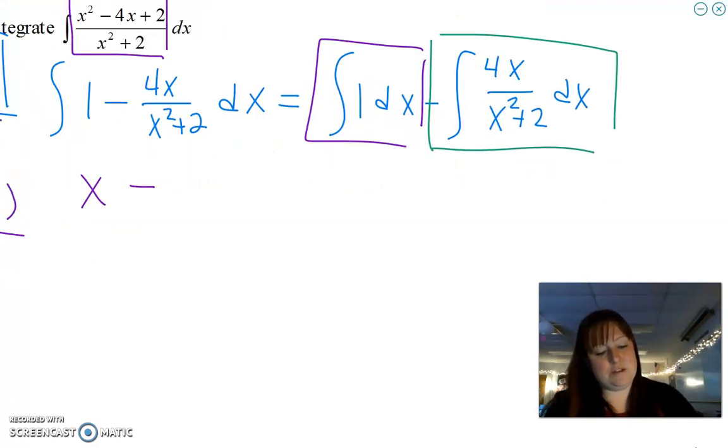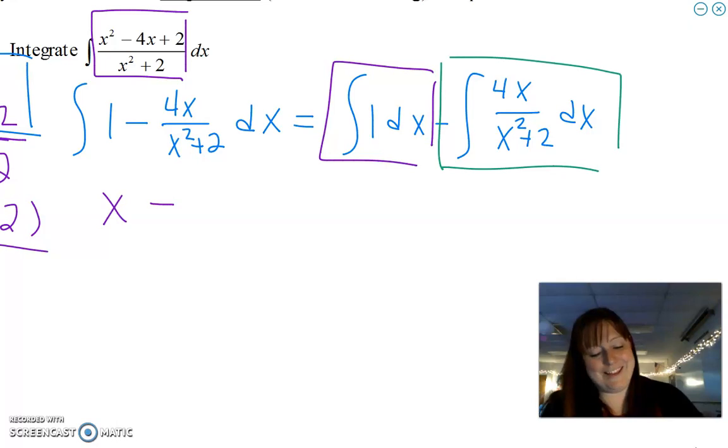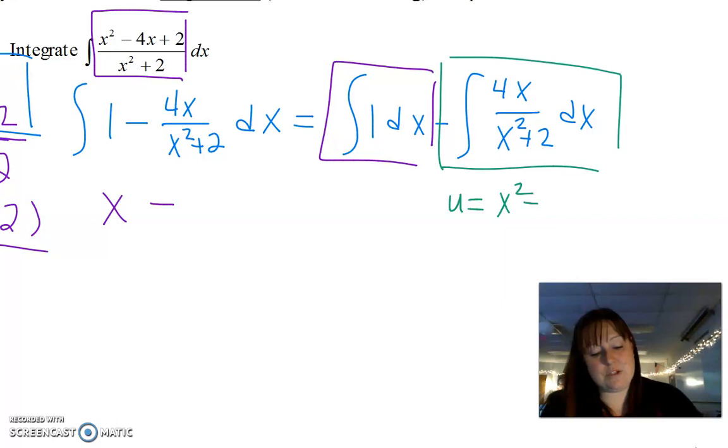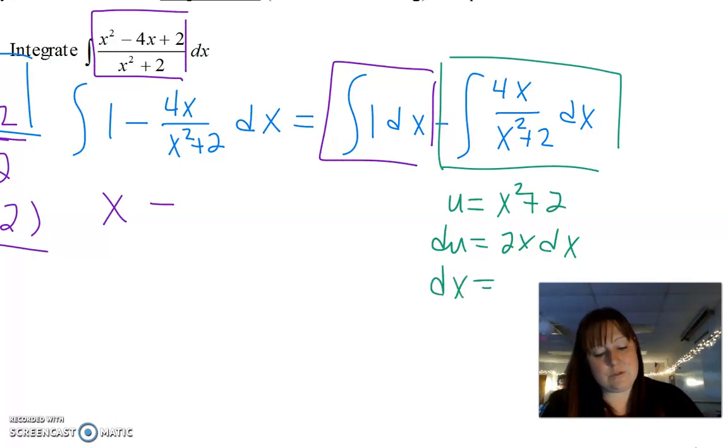I'm not great at keeping my notes organized for you guys, so I'm working on that. Okay, so if u equals x squared plus 2, then du equals 2x dx, and dx equals du over 2x.